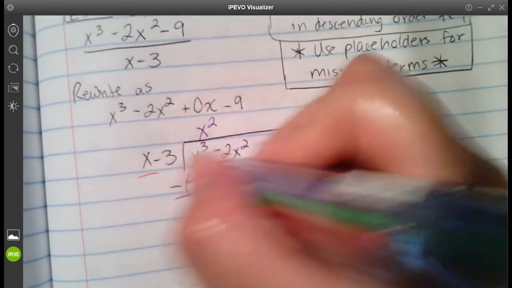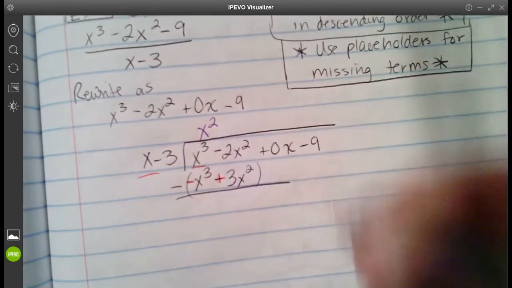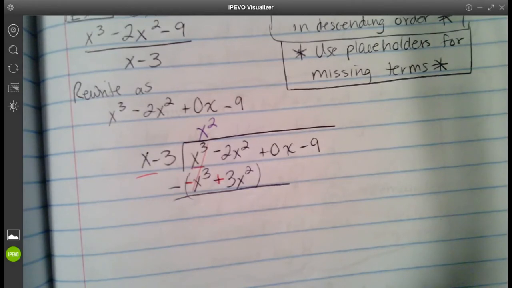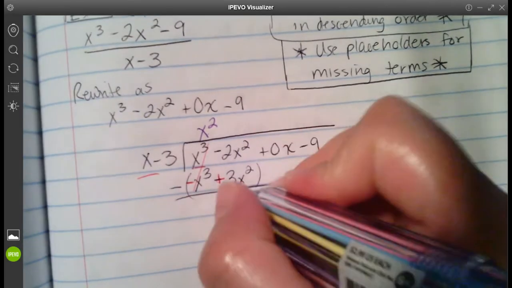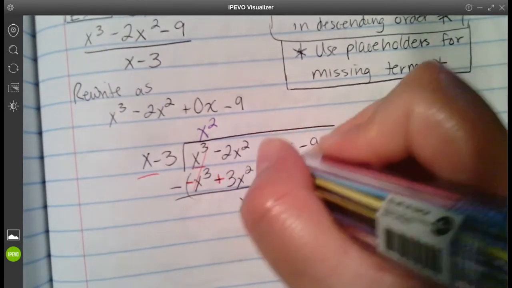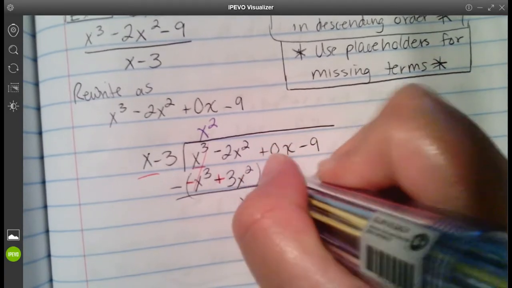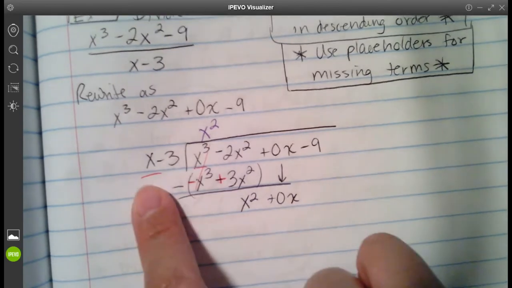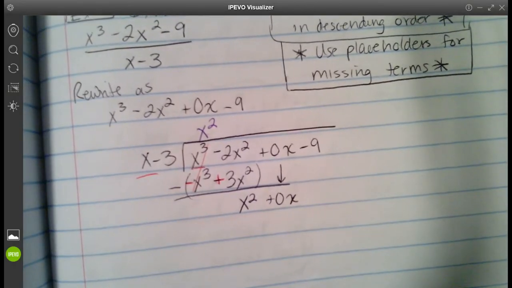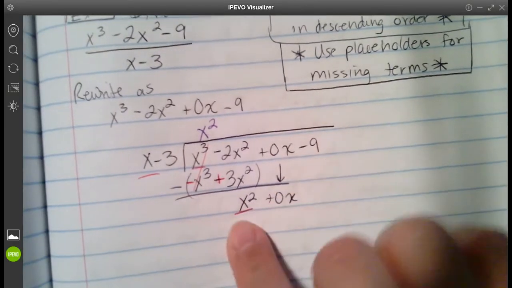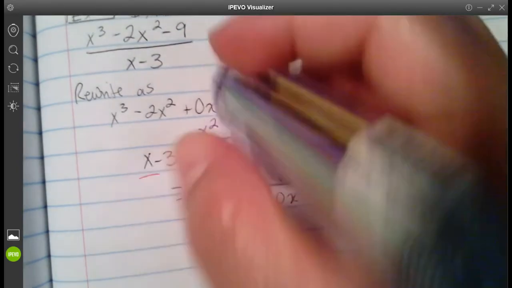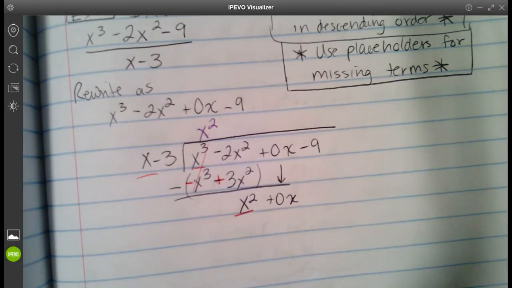So this will become negative, and this one's going to become positive. So that one is gone. Negative 2x squared plus 3x squared is positive x squared. Bring down the 0x. Okay, even though we don't really need it, it's all right. We're going to do the same thing all over again. So x squared divided by x is going to give us 1x. So plus x.